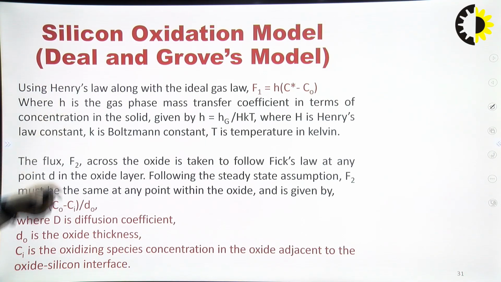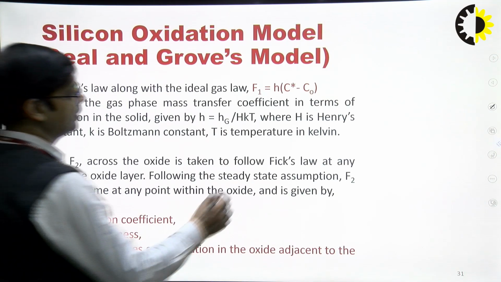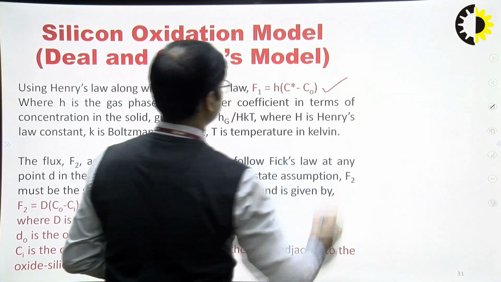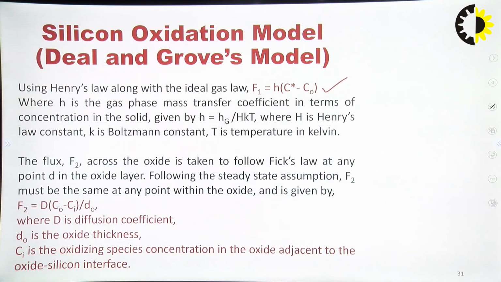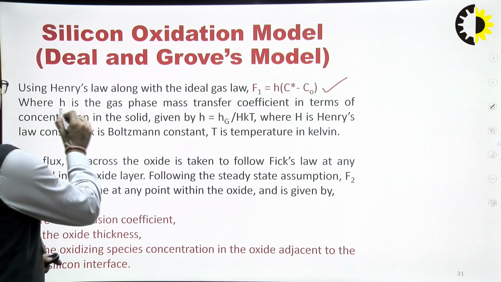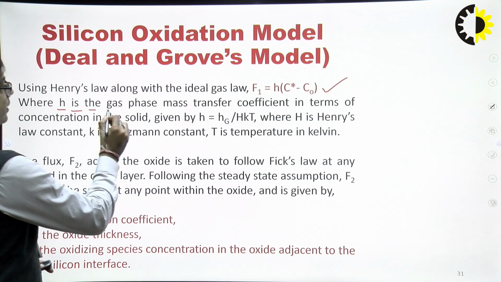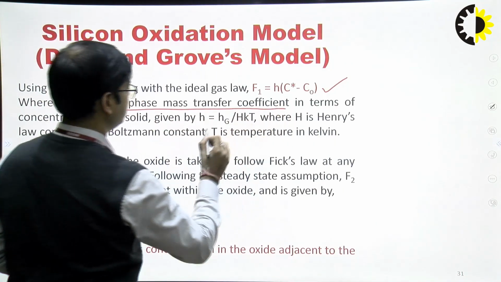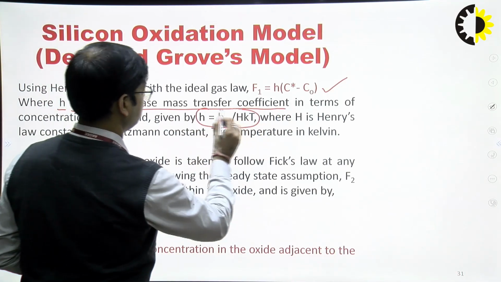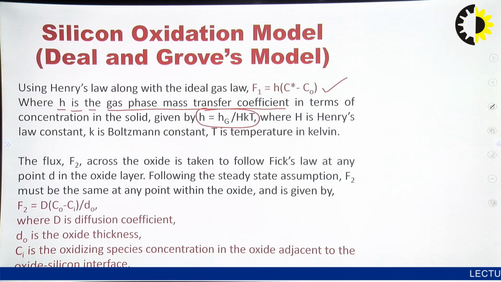Using Henry's law along with the ideal gas law, we get F1 equal to h into C star minus C naught, where h is the gas phase mass transfer coefficient and is equal to Hg upon capital H into k into T, where capital H is the Henry's constant, k is the Boltzmann constant and T is the temperature in Kelvin.